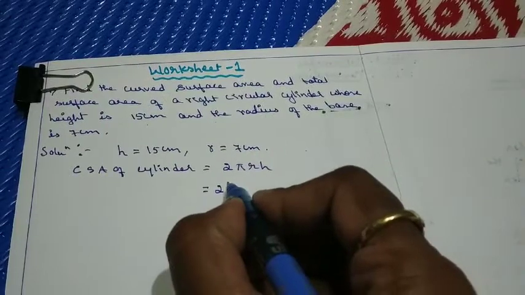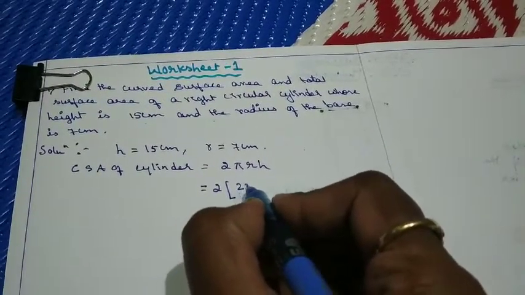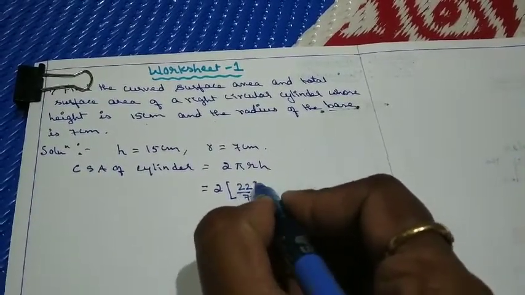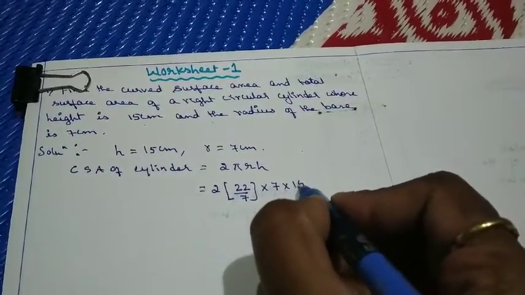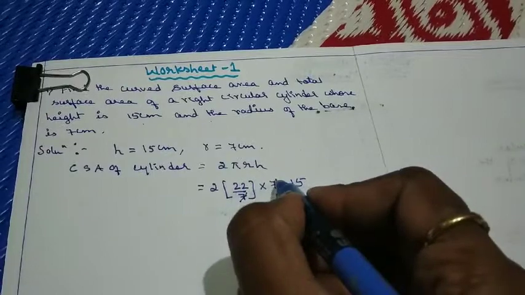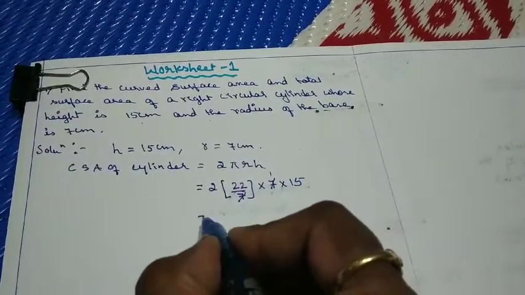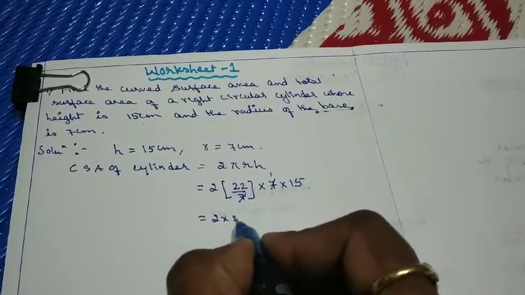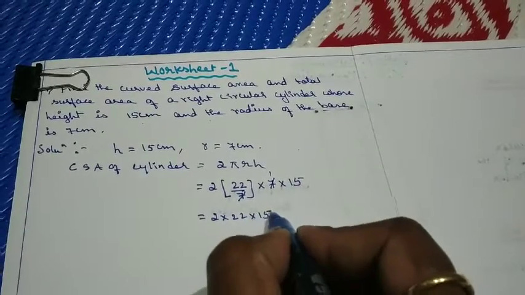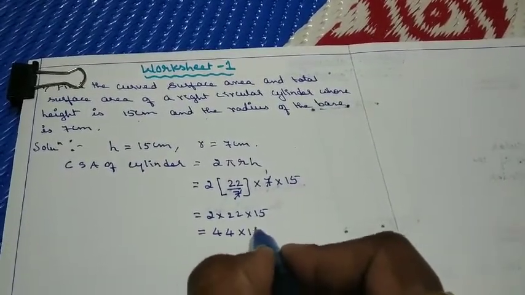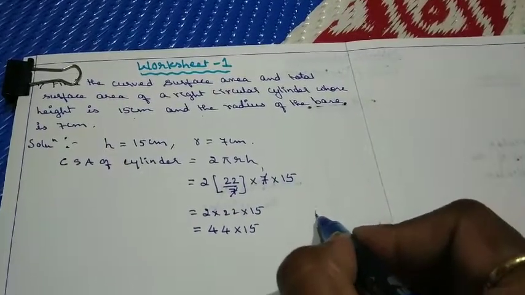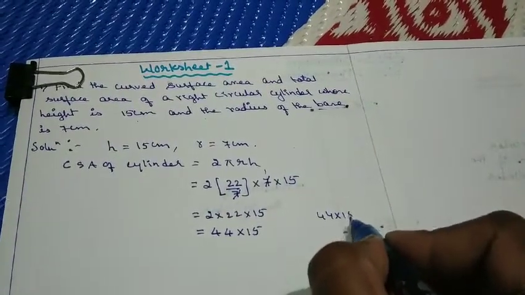2 pi, until they state otherwise, you can write the pi value as 22 by 7. Radius is 7 and the height is 15. 7 gets cancelled. Then left out is 2 into 22 into 15. Then 2 twos are 44 into 15. Now find the product of 44 and 15.